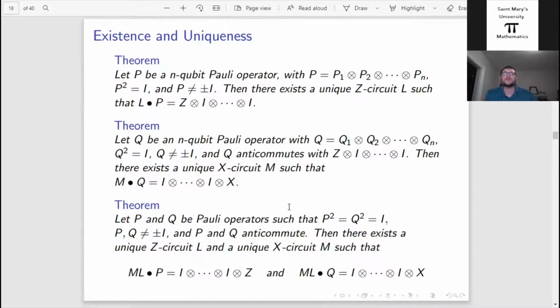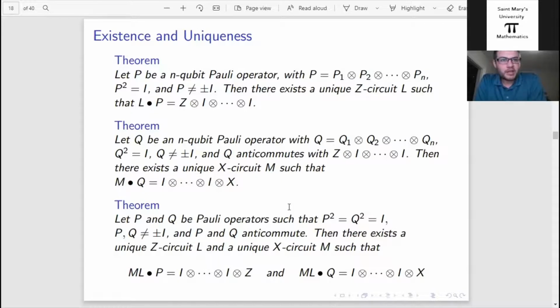So we know that for any Pauli that squares to the identity, I can craft a Z circuit that will take it to the Z up at the top, like I stated. And then the second one says the X to the bottom for the X circuits. Note that Q has to anti-commute with P, which is more of a condition: if I'm anchoring to points Z and X, and they anti-commute, so if P and Q anti-commute and we move them to Z tensor I and I tensor X, those anti-commute in the automorphism, etc.